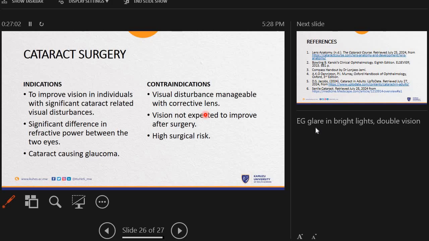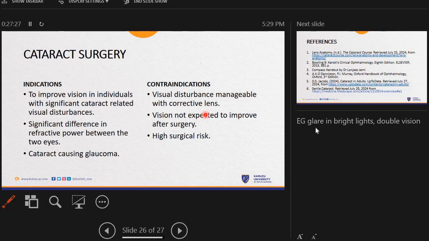So with cataract surgery, some of the indications would include to improve the vision in individuals with significant cataract-related disturbances, significant difference in refractive power between the two eyes, also cataract which has caused glaucoma is an indication for surgery.